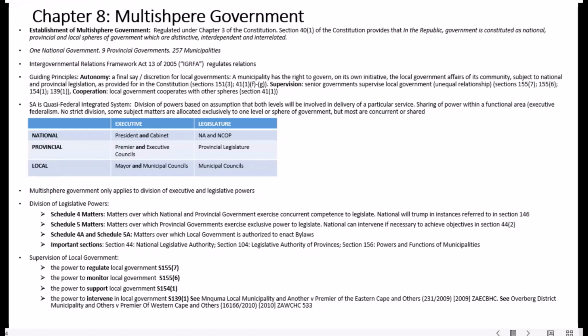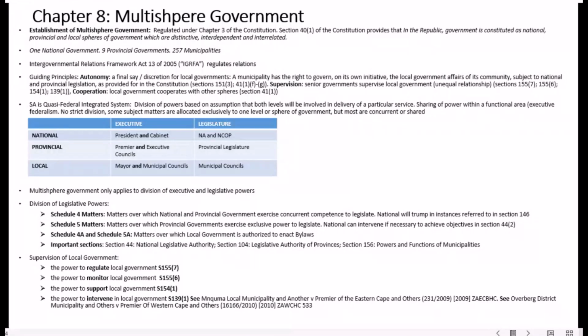And then the guiding principles for multi-sphere or cooperative government, colleagues, is autonomy, meaning that specifically local government must have a final say, or it has discretion over how it conducts its affairs, but it's subject to national and provincial legislation as provided for in the Constitution. We also have the element of supervision, where senior governments supervise local government.